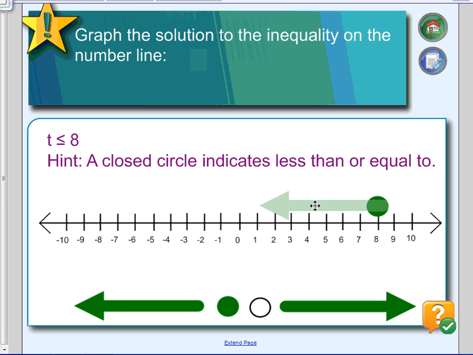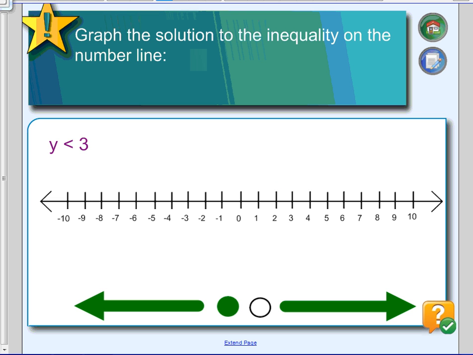So we would put the arrow this way because these are all the numbers that are less than 8. Another hint is that whichever way this is facing is the way your arrow should be facing. So do you see how this can make a less than or equal to sign?